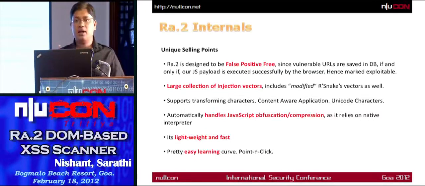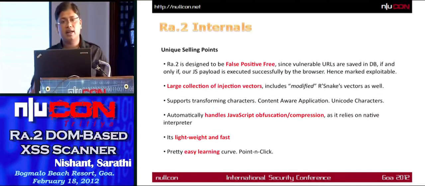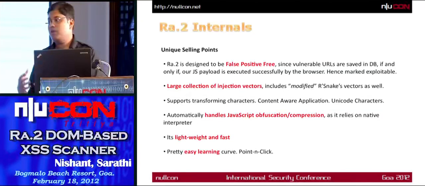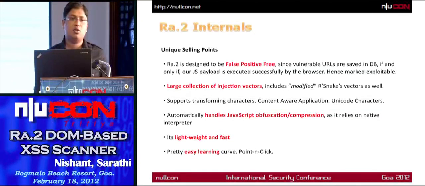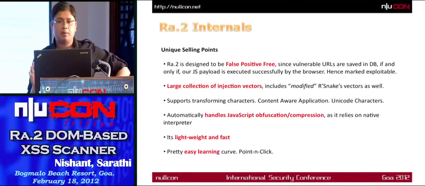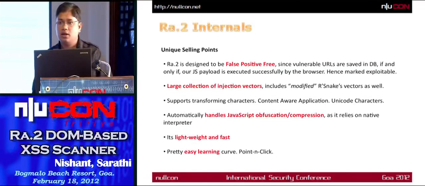But since alert is a Windows modal dialog, we were not able to automate it, because we need to click it, and automating the modal dialogs from the browser was a challenge for us. So what we did was replace alert with our own callback. So it will not show any pop-up. It will just record what we want it to, and it supports transforming characters.